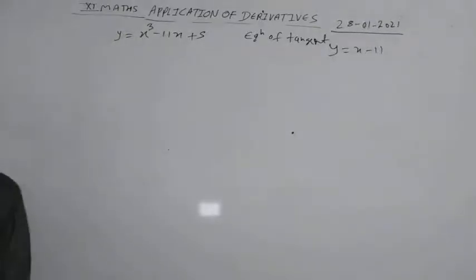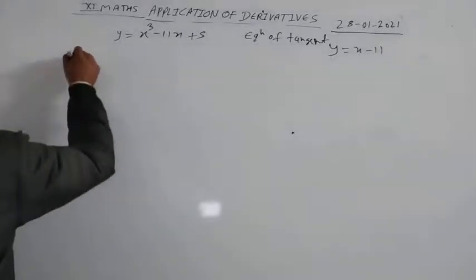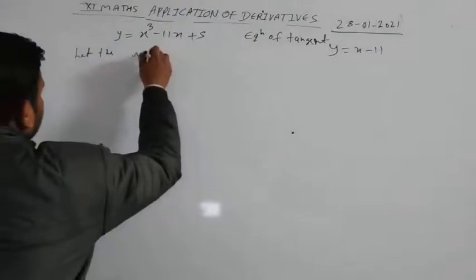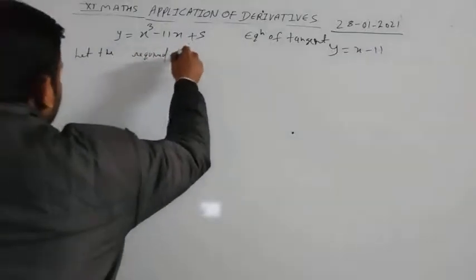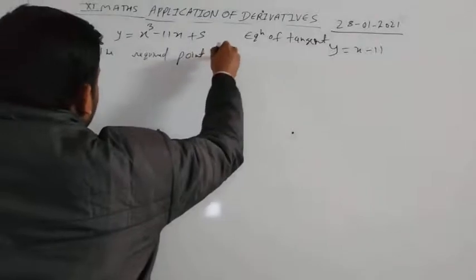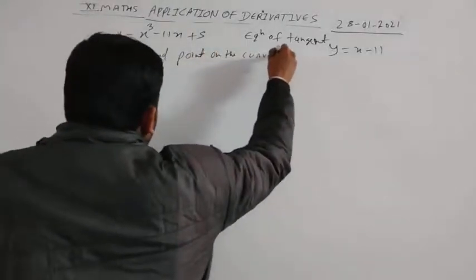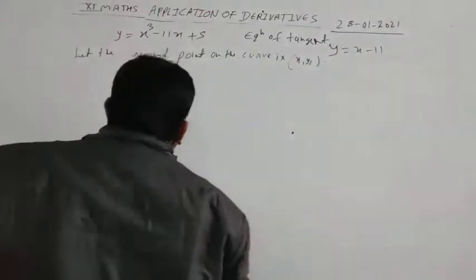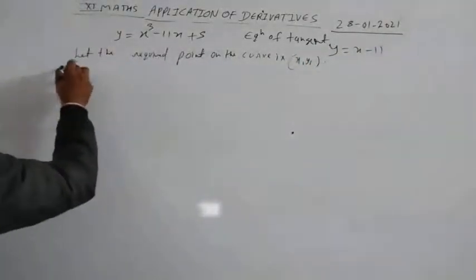Okay, student, so let the required point on the curve be (x1, y1).